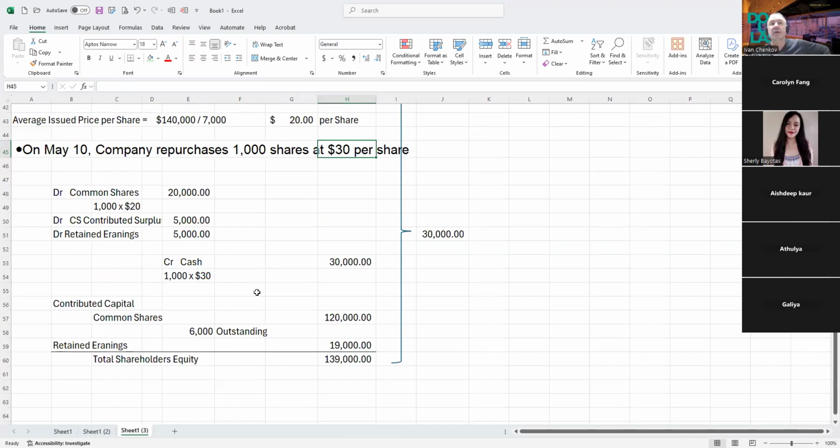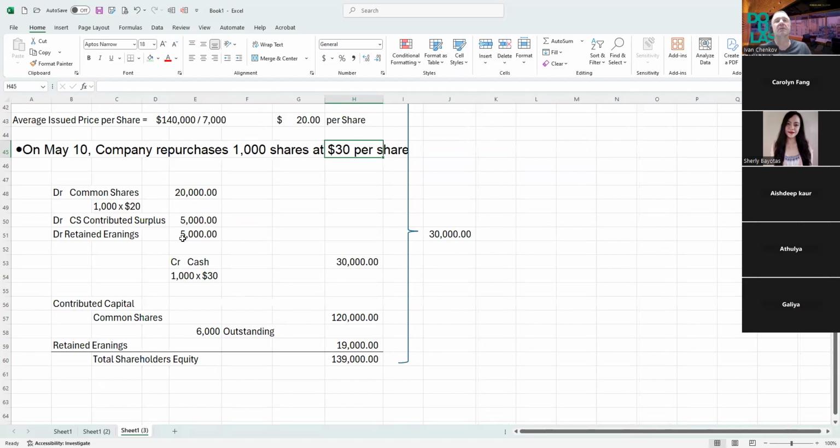Since we're paying more than average, we're getting $20, but we're paying $30. I have to get it from somewhere. The general rule is if there's contributed surplus for the same type of shares, use that surplus first until the surplus disappears. Once the surplus disappears, go to retained earnings.